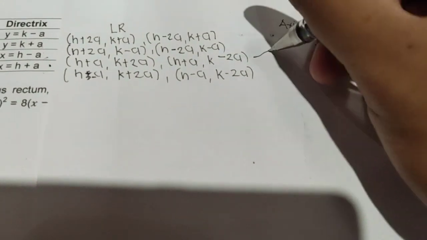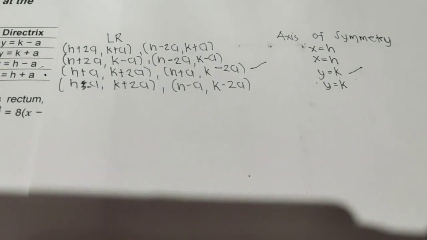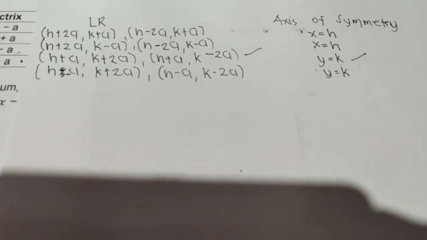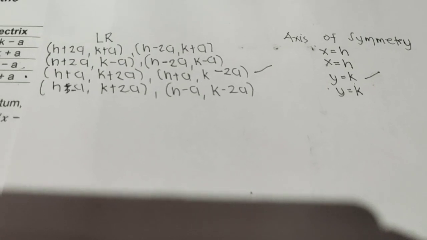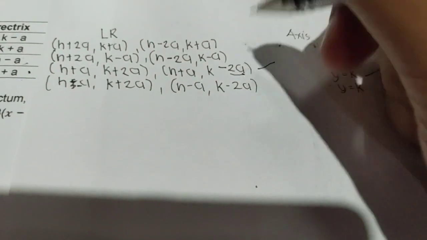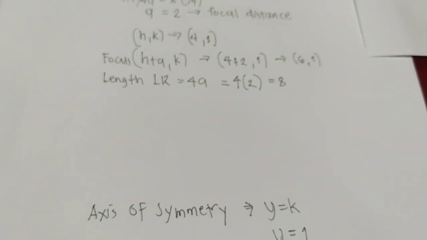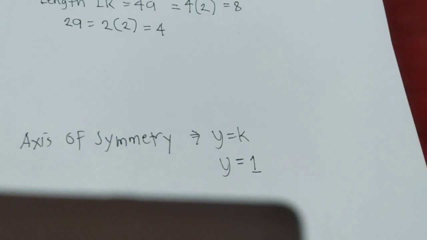For the endpoints of the latus rectum of the parabola that opens to the right, we have (h plus a, k plus 2a) and (h plus a, k minus 2a). So 2a is being added to and subtracted from k. We need to get the value of 2a. So 2a is equal to 2 times 2, which is the value of a, so we have 4.